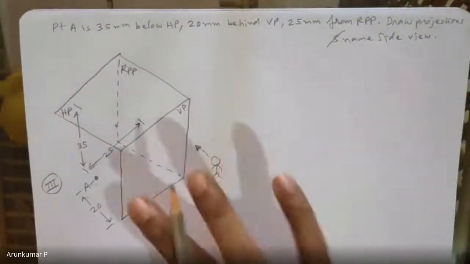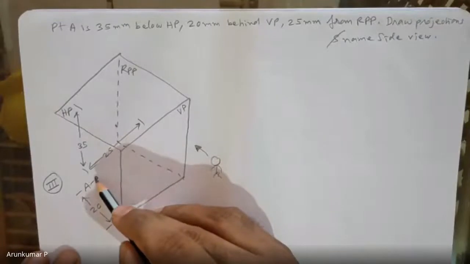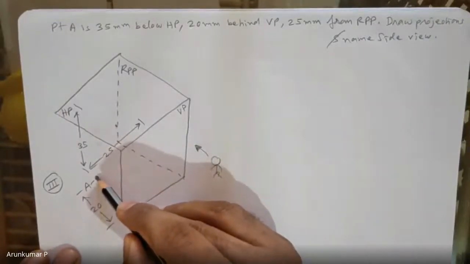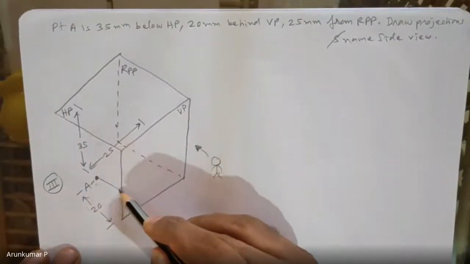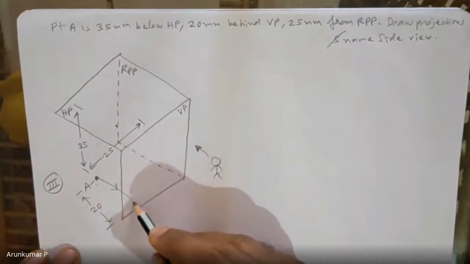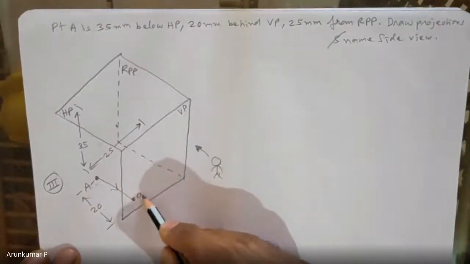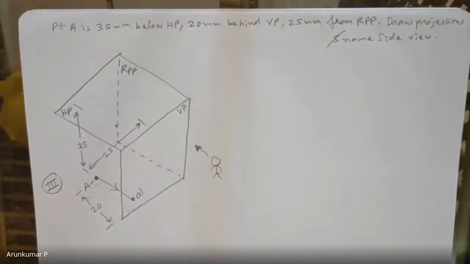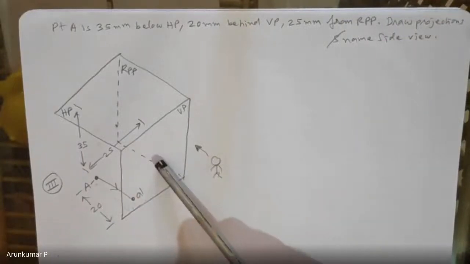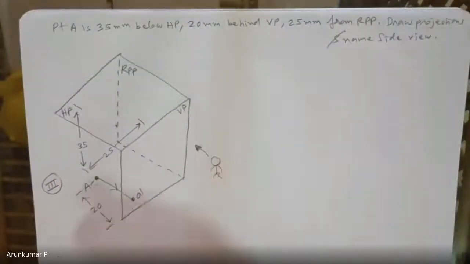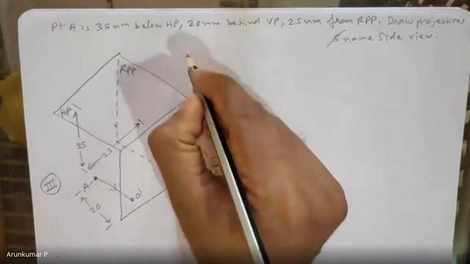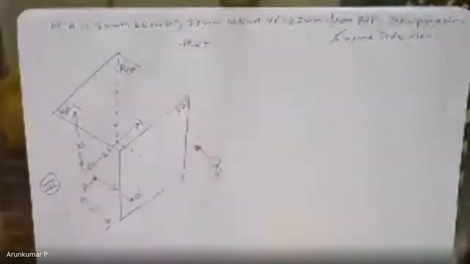Now, if you look from the front, then this is where you may be getting the front view, A dash. And to get the front view, you know that VP has to be made transparent.